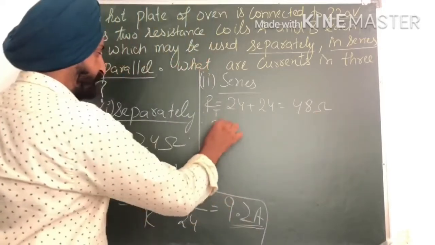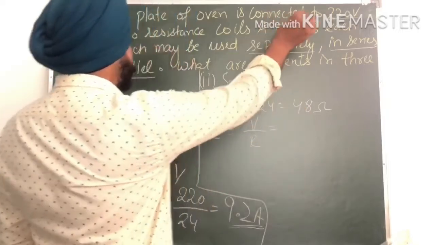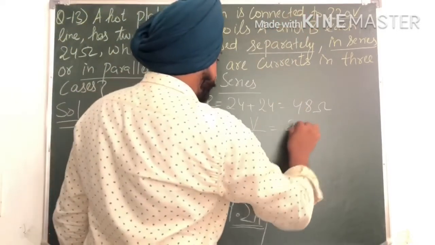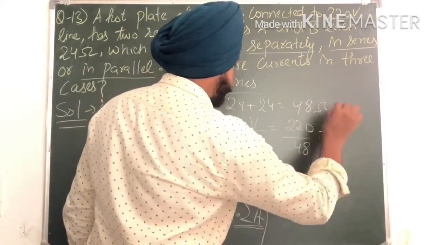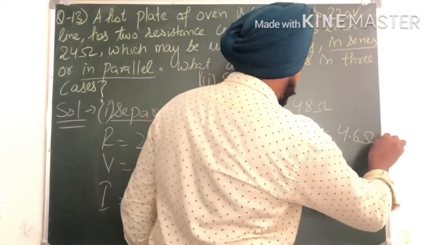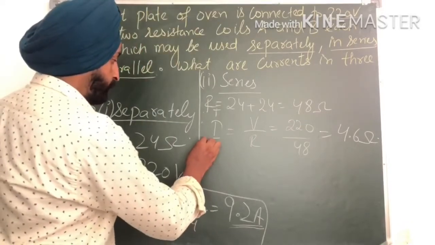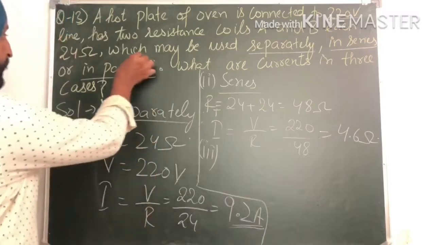In that case, the current would be equal to V by R. V is of course the same 220, R is 48, and this will be equal to 4.6 ampere.